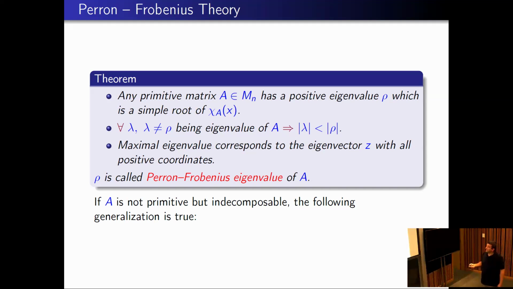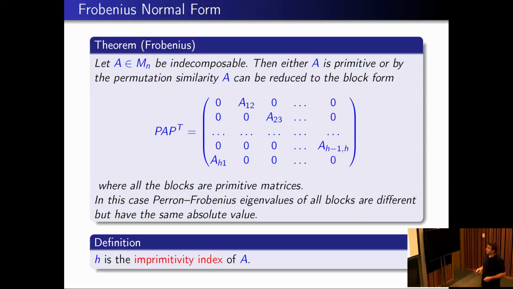We have this inequality, and we have a positive vector corresponding to the maximal eigenvalue. So lots of nice things. That is for primitive, but if I am in the more general class of indecomposable matrices, then there is a notion called the imprimitivity index of my matrix.